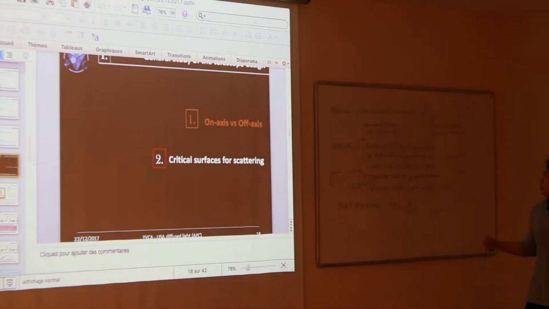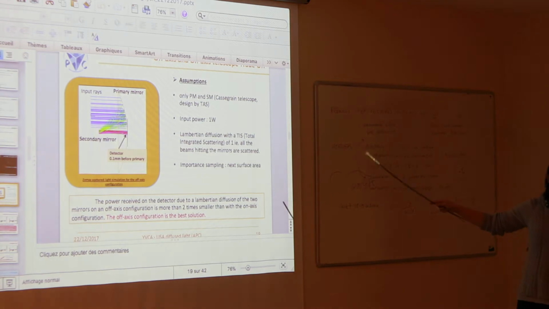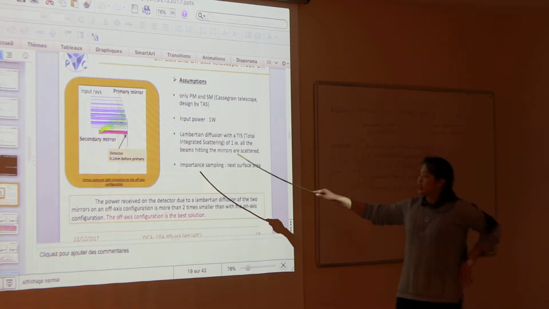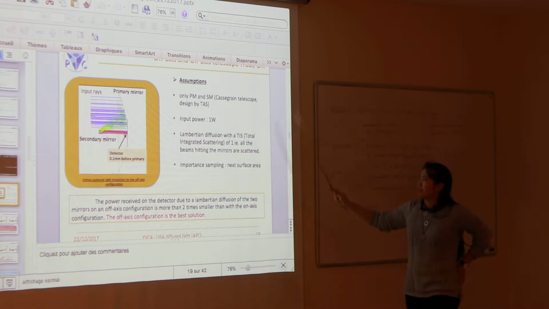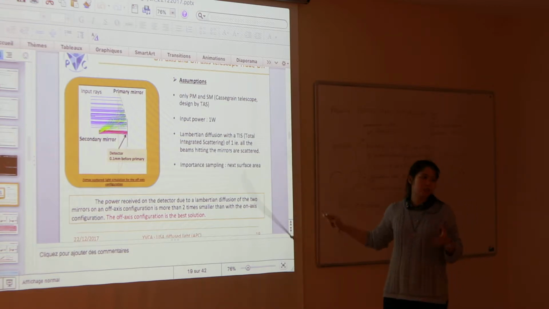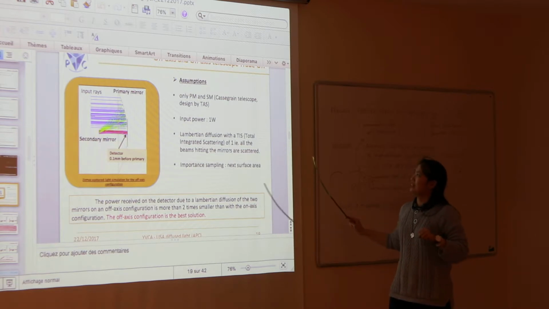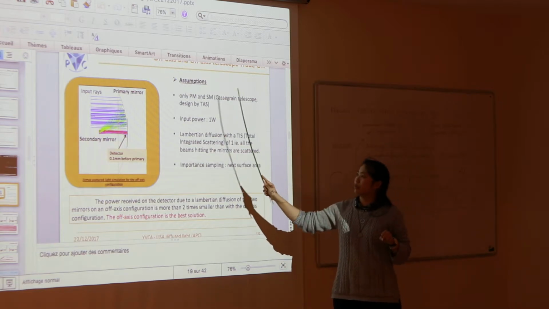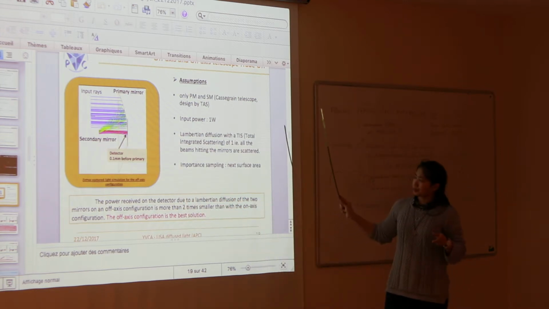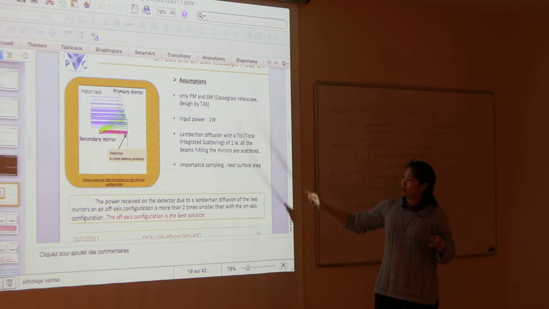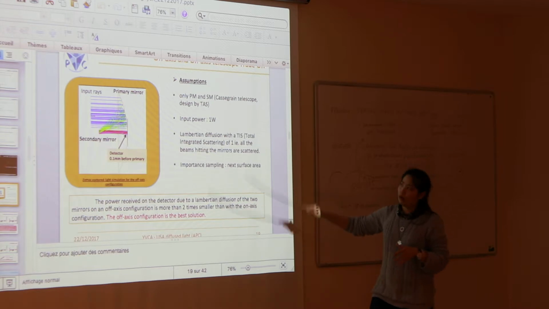So I will talk about the general study of the telescope design, the first part. First we did a simulation. This is on Zemax, optical design software, and it is a very simple simulation because it's not really the reality. There's only the primary mirror and the secondary mirror, and we put the configuration on the off-axis configuration.